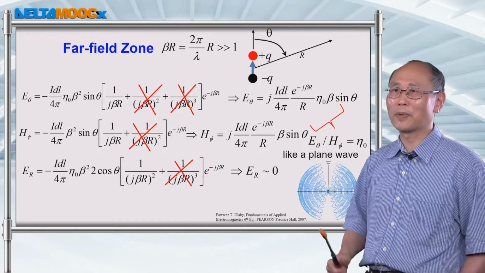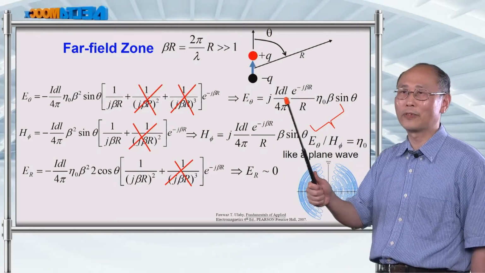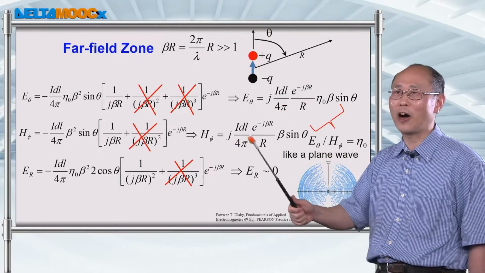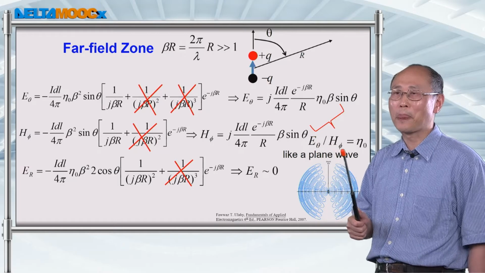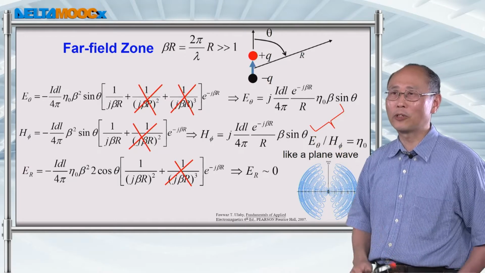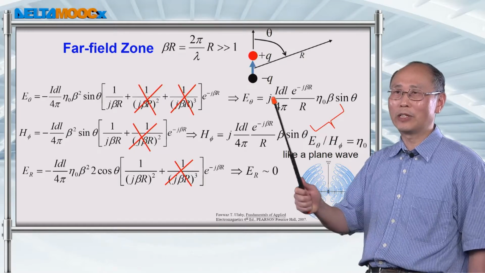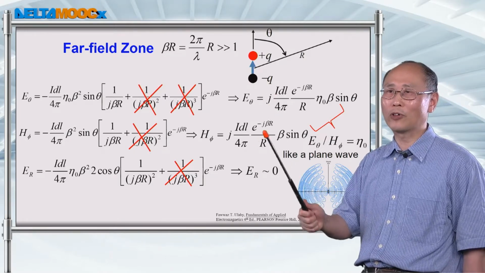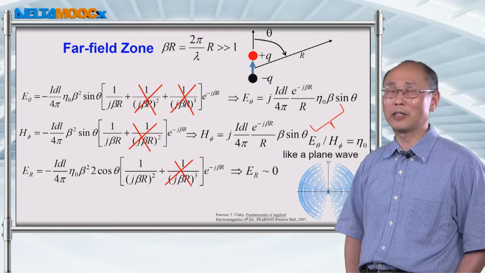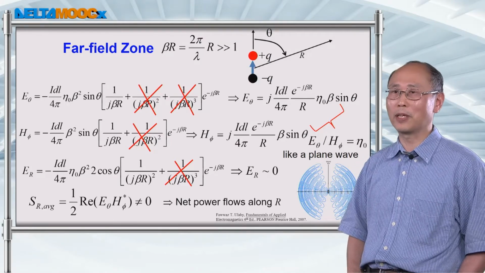And so if we do a ratio of this E theta to this H phi, we also found that the ratio is equal to the intrinsic wave impedance, just like a plane wave. So indeed, these two field components are radiating in space and propagating in space.